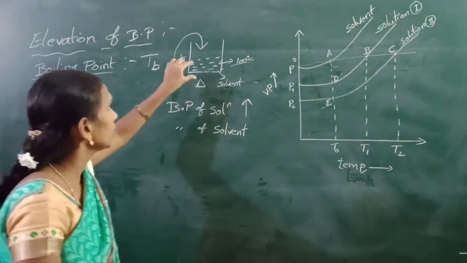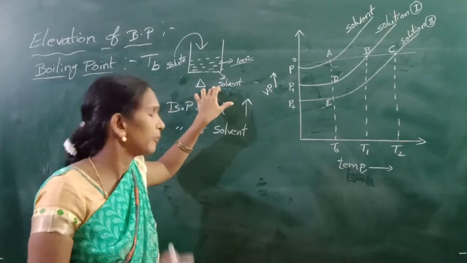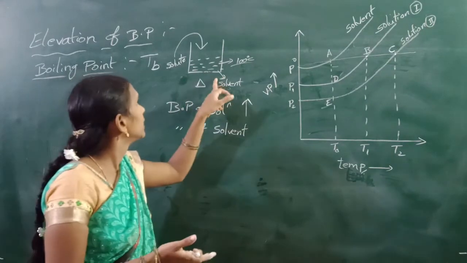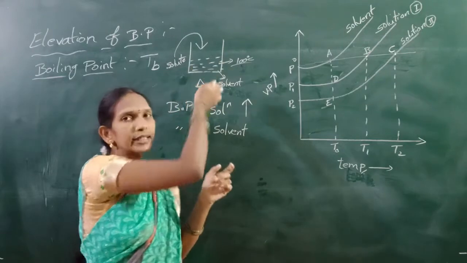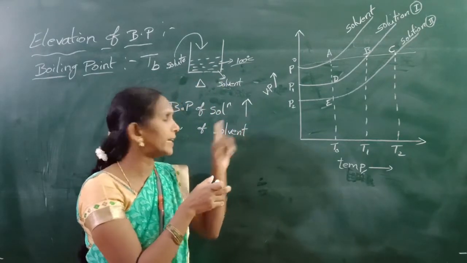Why? At a particular temperature this solvent boils. This boiling point can be increased by adding a solute. That means the solution's boiling point is increased.